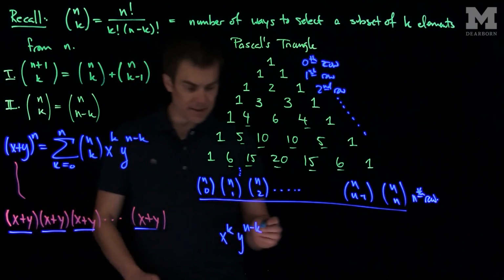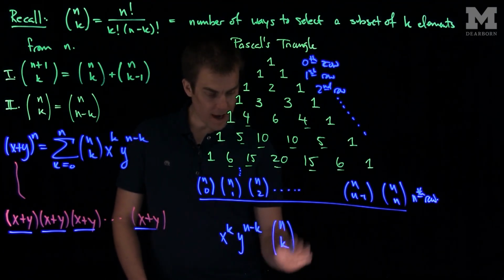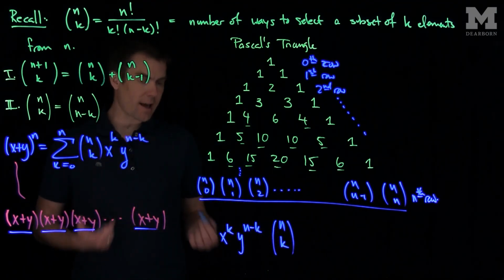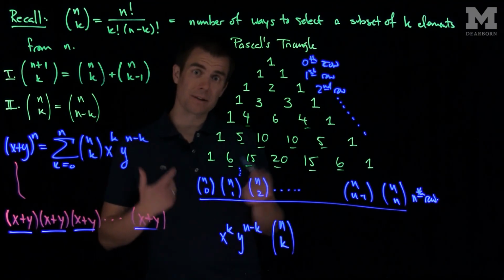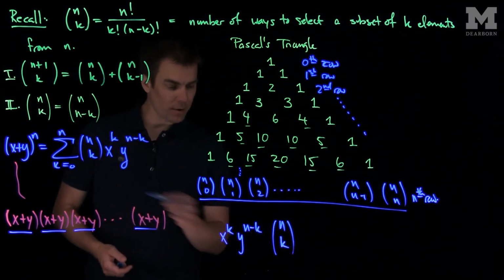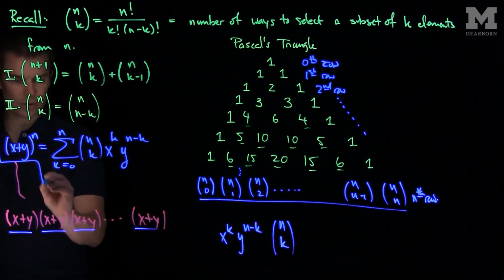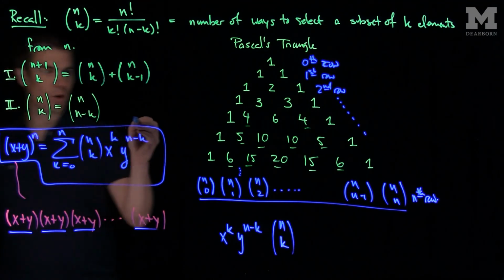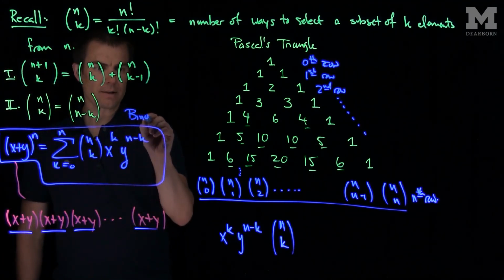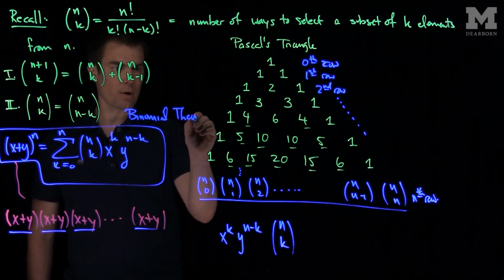Well, from these n factors, I have to select k x's. And by selecting k x's, I will have de facto selected n minus k y's. So if I sum up all these coefficients, I exactly see that this binomial relationship is valid. So this is the binomial theorem, and it's easy to verify if you think about it combinatorially.